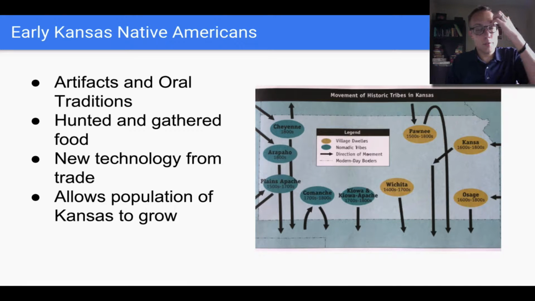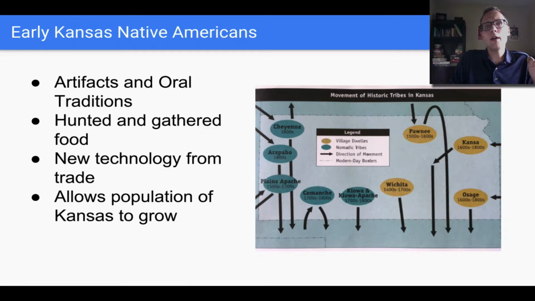So, what do we know about the first early Native Americans? Well, the only thing that we do know is what was left behind by them in artifacts. We know that, for the most part, they were hunter-gatherers. It's not until later that they settled down, and we'll talk about that.